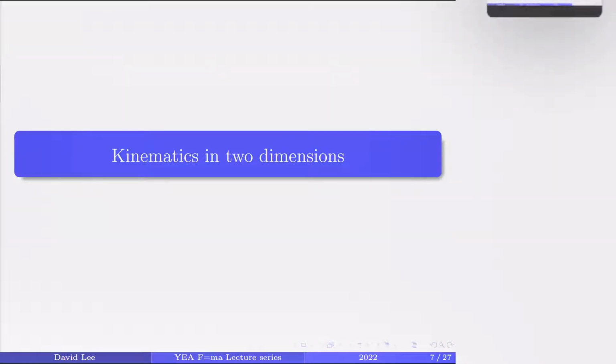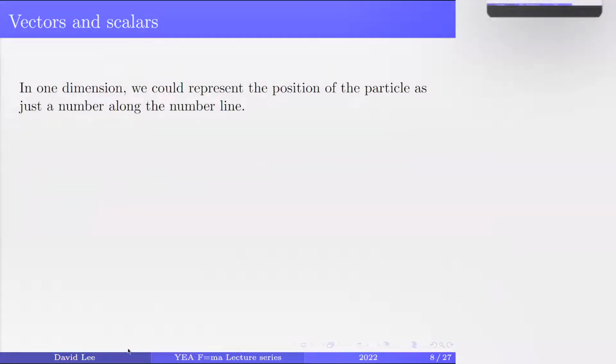Now let's go to 2 dimensions. First, to talk about stuff in 2 dimensions, we have to talk about vectors and scalars. I want to ask you first, how many people are familiar with vectors and scalars?